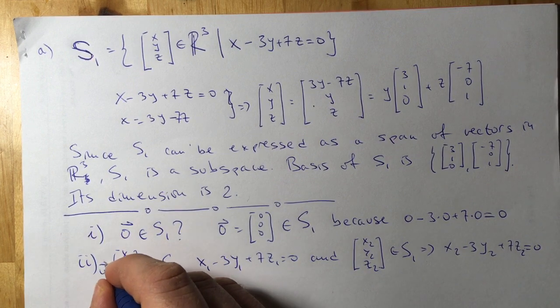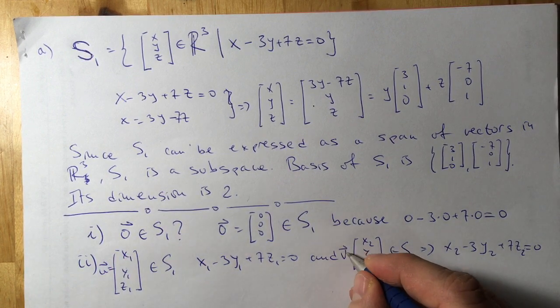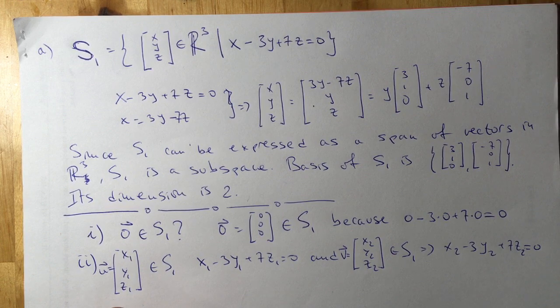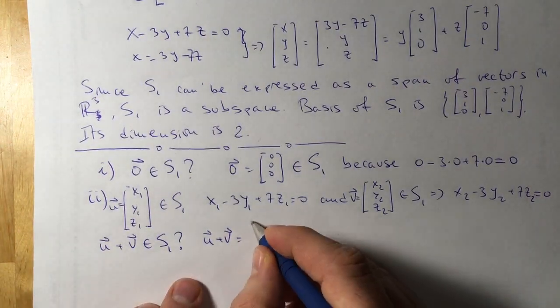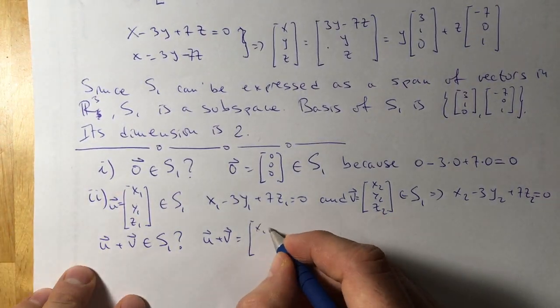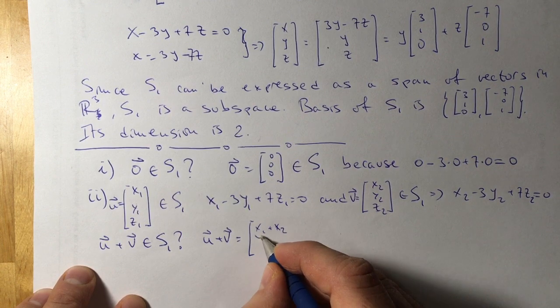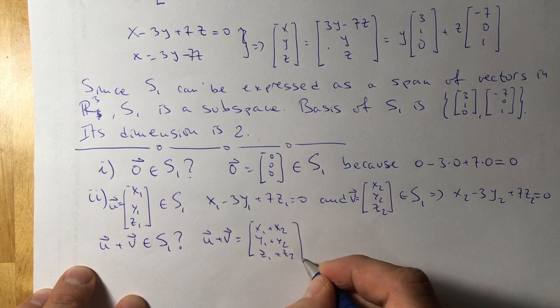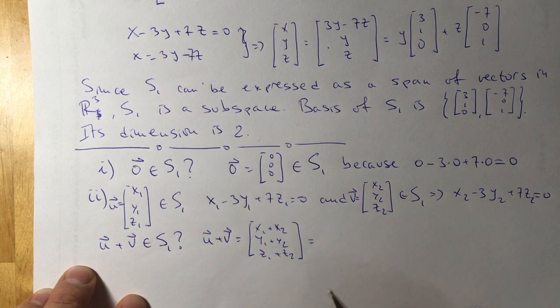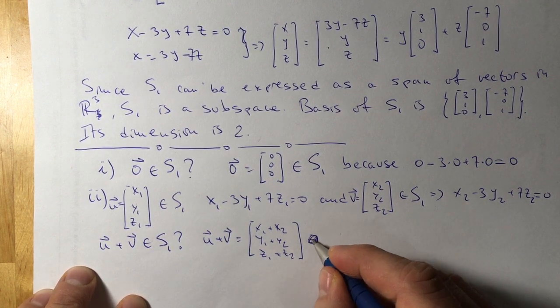Let's call these vectors u and v. The question is now, is u plus v in S1? Well, u plus v is equal to (x1 plus x2, y1 plus y2, z1 plus z2).